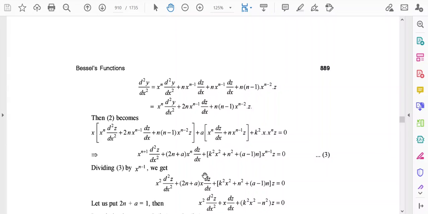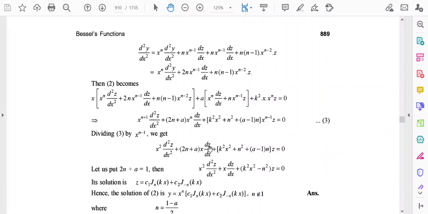So after rearranging and some simplifying, we obtain equation number 3. Now if we divide equation number 3 by x to the power n minus 1, we will obtain this equation, x square d square z by dx square, like this. This is upon division by x to the power n minus 1.